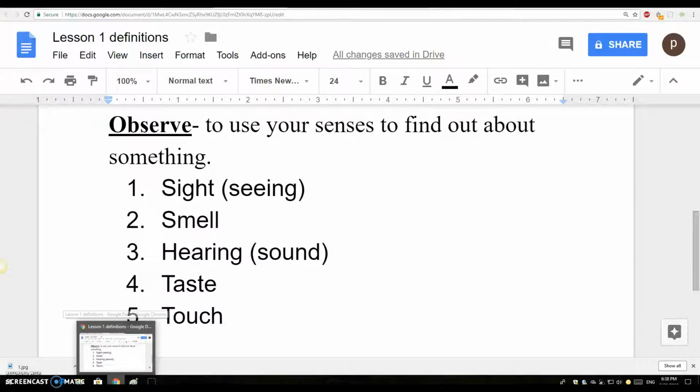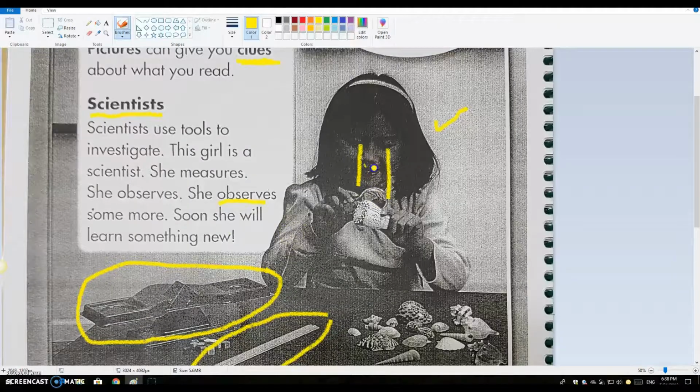Smell. Okay, is she smelling this? No, I don't think so. Not smelling it. Hearing. Is she listening to the shell? Using her ears? No, I don't think so.